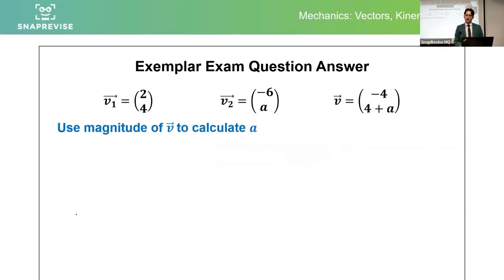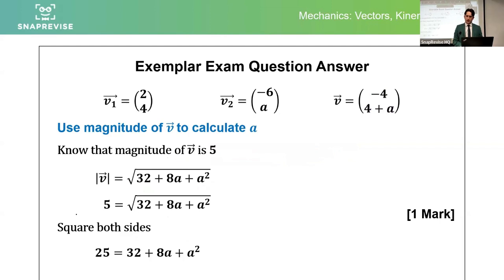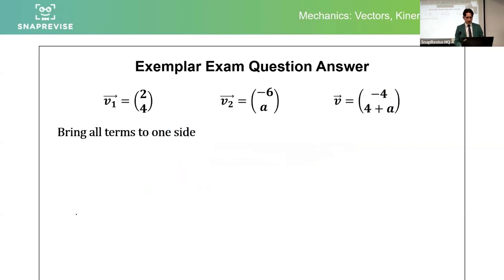Now, since we know the magnitude is 5, to undo the square root sign, we can square both sides, and we therefore know that that quadratic equals 25. So we can bring it all to one side, and then we can solve the quadratic for A. Very similar skills to earlier.